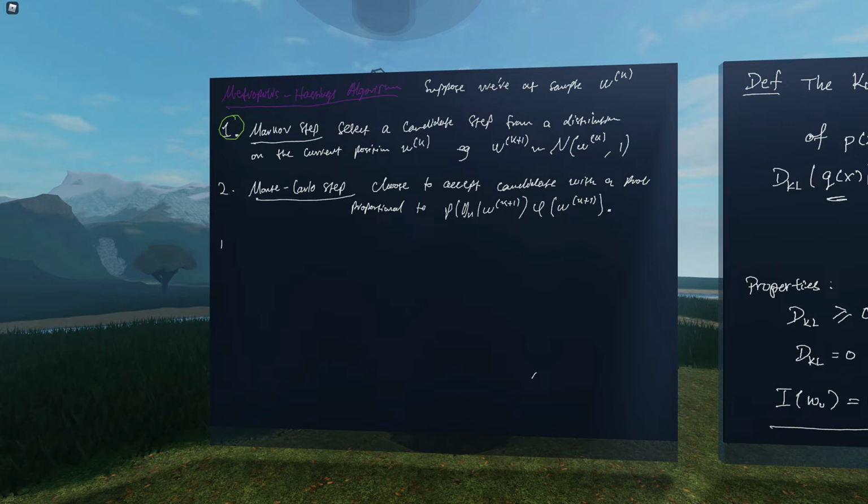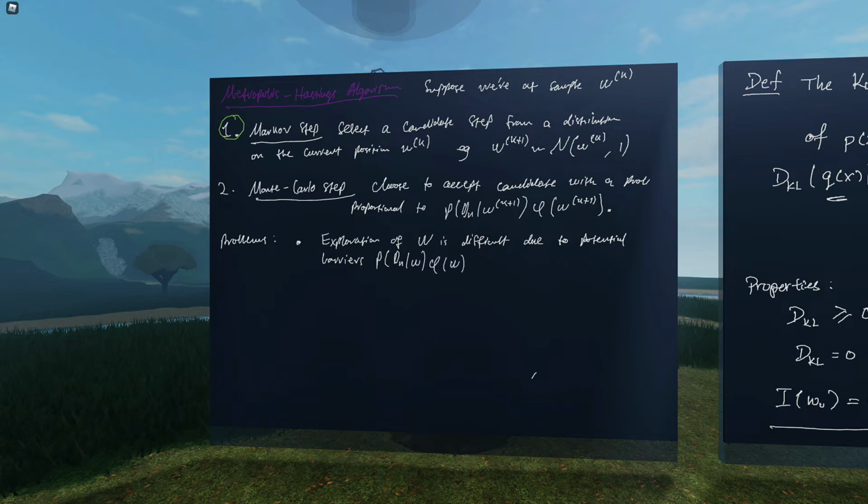So the problems with the Metropolis Hastings algorithm, number one, the exploration step is difficult due to potential barriers in our model prior setup.